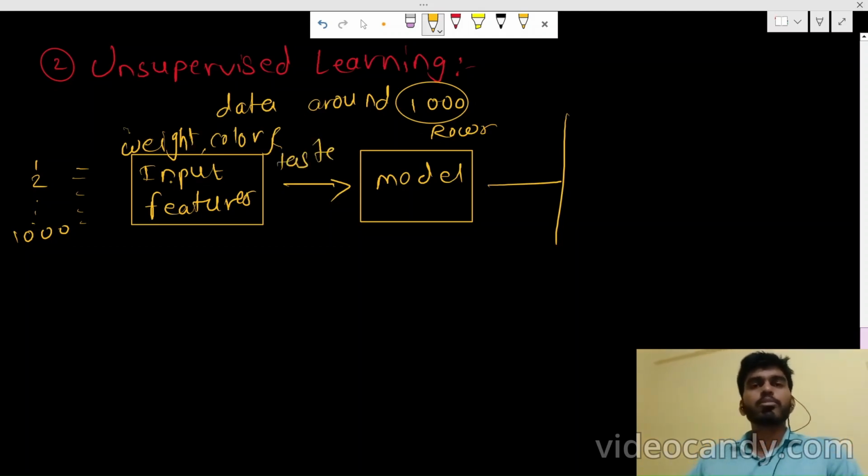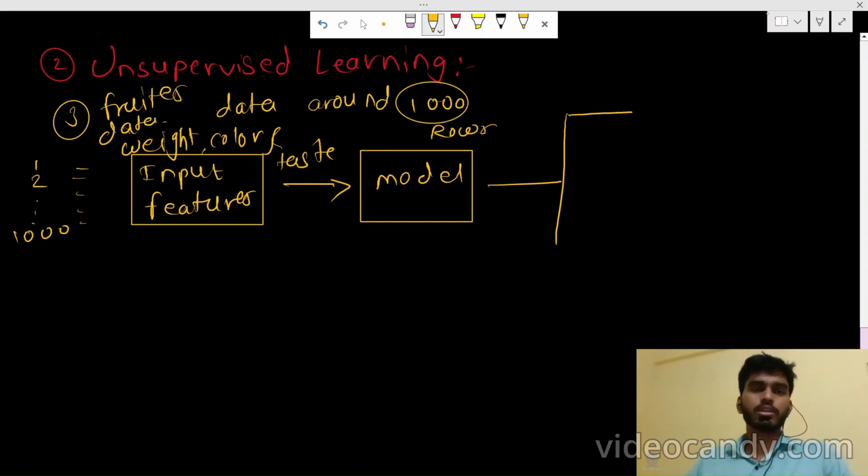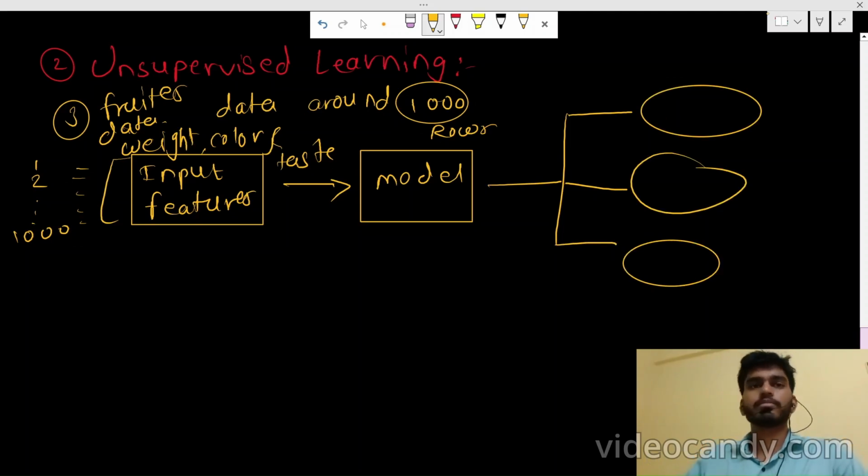So in unsupervised learning, the model will create clusters or groups of similar data points. Let's say we have three fruits' data, so this input data or CSV file will contain only three fruits of data. The model will create three different groups: first group, second group, and third group.